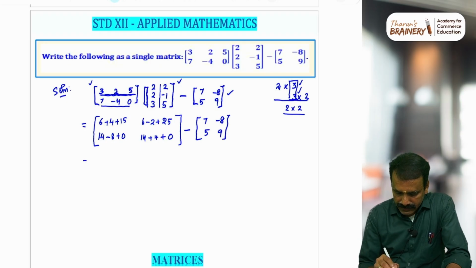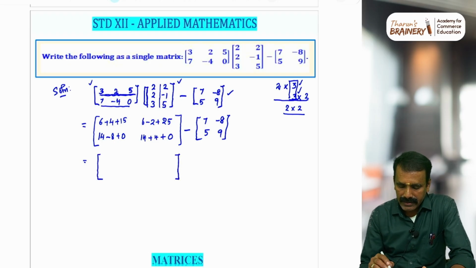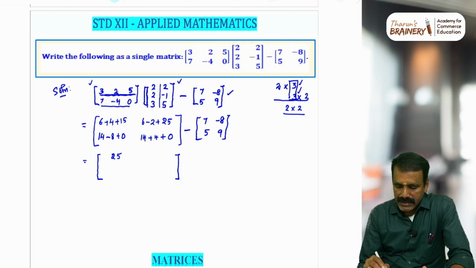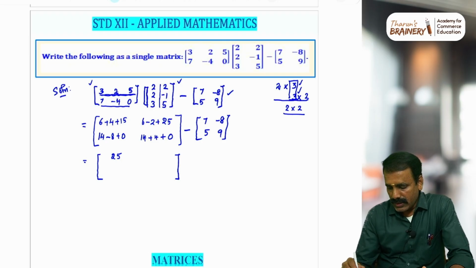We simplify now. Here all the elements are going to have same symbol, correct? So we add it. 6 plus 4 10, 10 plus 15 25. Here 6 minus 2 plus 25. We add 25 and 6. 25 plus 6 31. 31 minus 2.